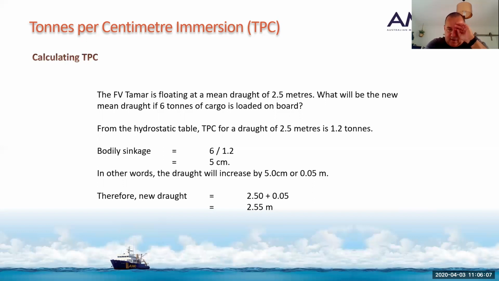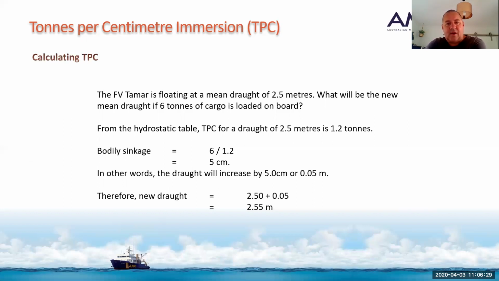So there we go, bodily sinkage. We need to put on 6 tonnes because that's what the question asks. And we know that at our current draft level of 2.5, our TPC is 1.2. So if we divide the 6 tonnes by 1.2, you can see that our draft will change by 5 centimetres.